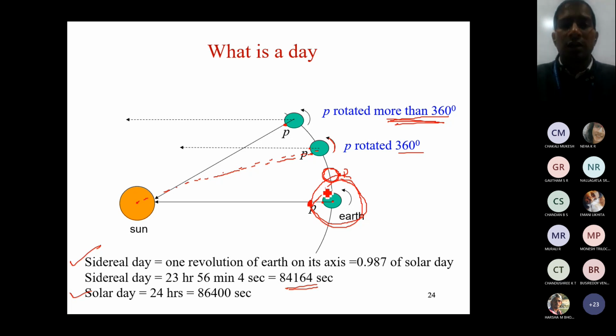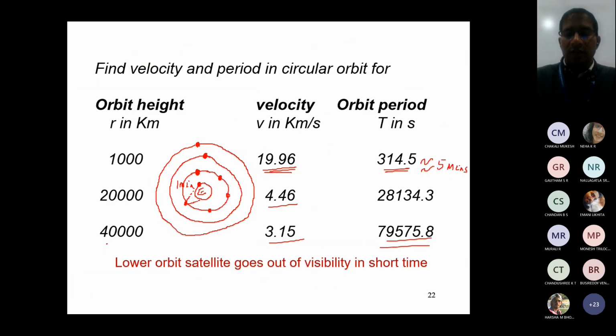Keep it in mind, not all satellites take this much time to make one rotation. Which satellites take this much time for one rotation? Because in the previous example, we have seen some satellites taking 300-something seconds, and some taking around 80,000 seconds to complete one rotation.